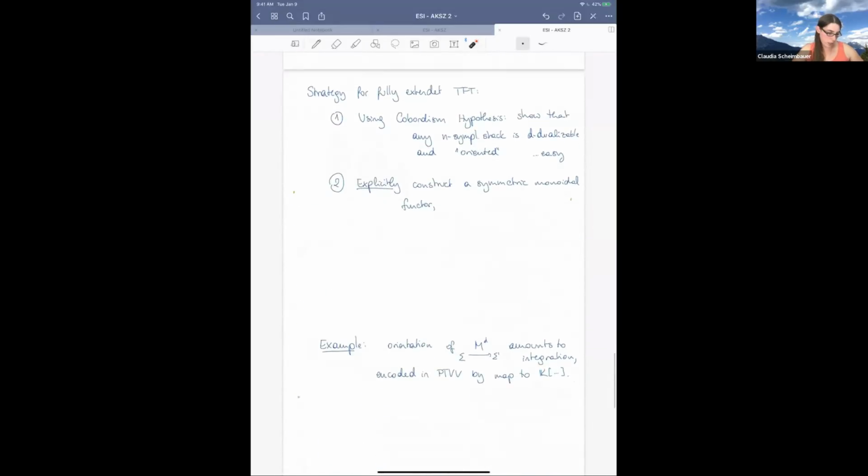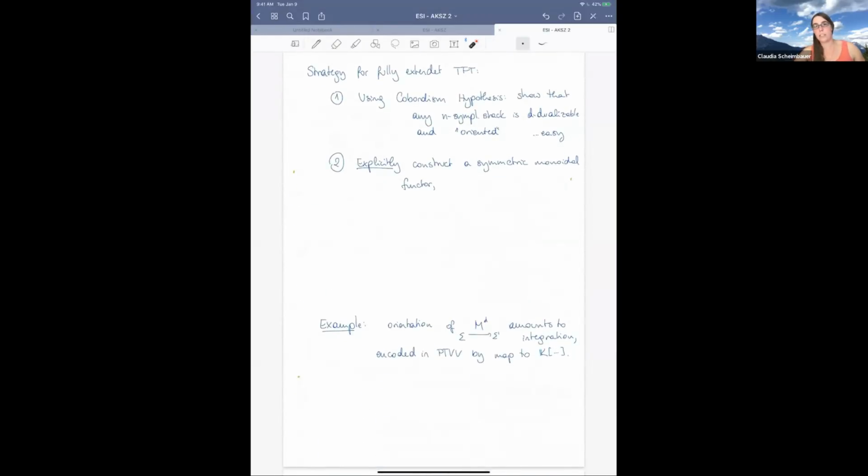So what's now our strategy for fully extending the TFT? I want to claim that the first strategy when fully extending a TFT should be actually this first one, namely use the cobordism hypothesis. So I won't repeat what the cobordism hypothesis is. I hope many of you have seen this.